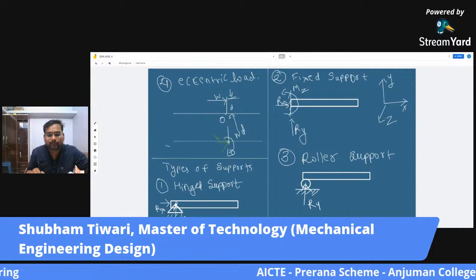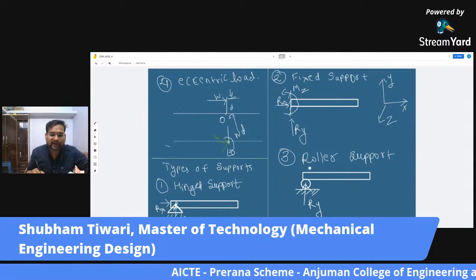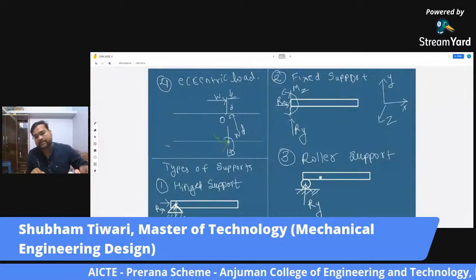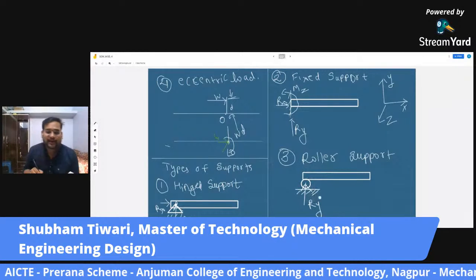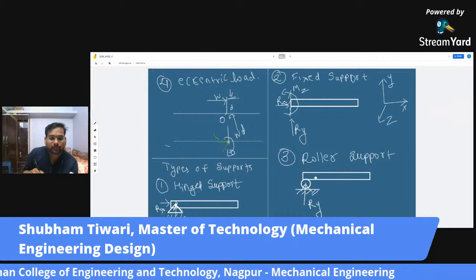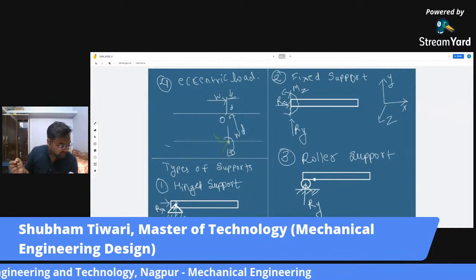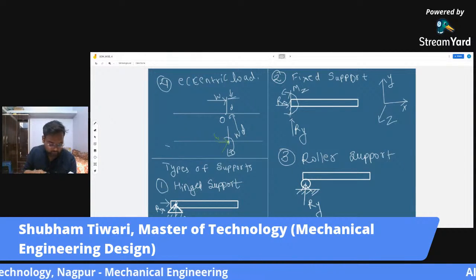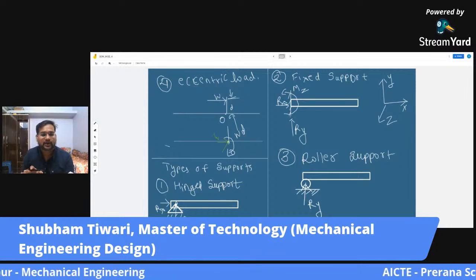This is Ry. But can it rotate? Yes, it can rotate. So there is no reaction for that as well. So there is just one reaction, that is because of its weight only. So these are our three types of support. Let me see if any support is remaining. No. So the types of support are covered.